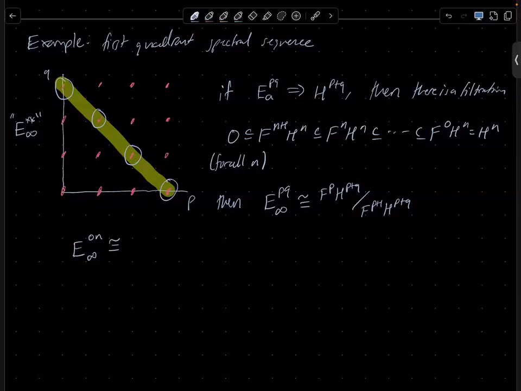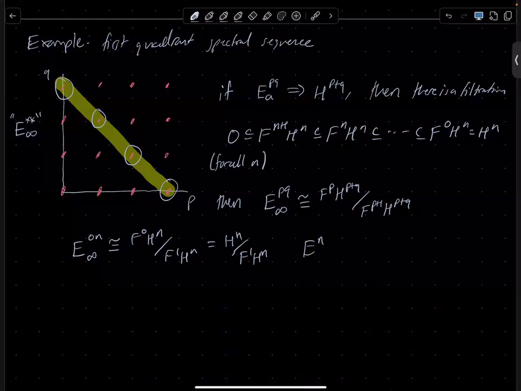So for a particular n, if I put 0, n here, then I'll get F^0H^n mod F^1H^n, but that's just H^n mod F^1H^n.